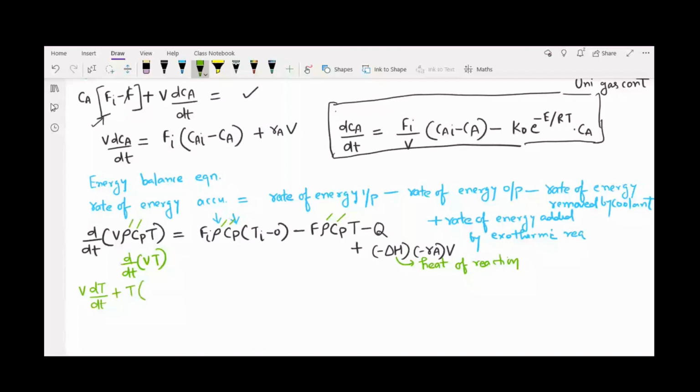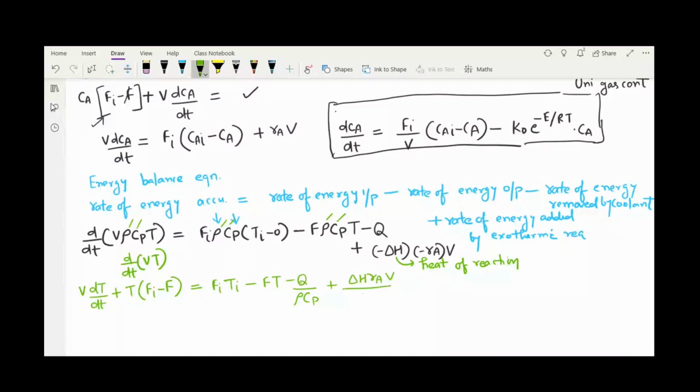We know that this is Fi minus F. So V dT by dt plus T times (Fi minus F), and here we have Fi into Ti minus F into T, then Q by rho Cp plus delta H RA V by rho Cp.